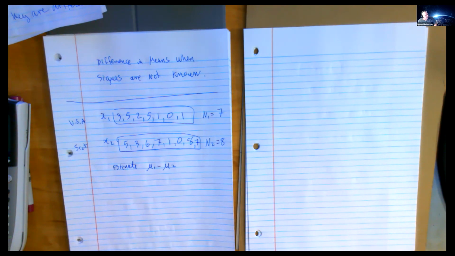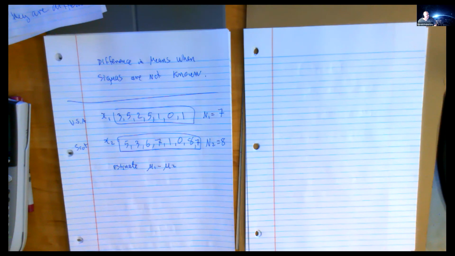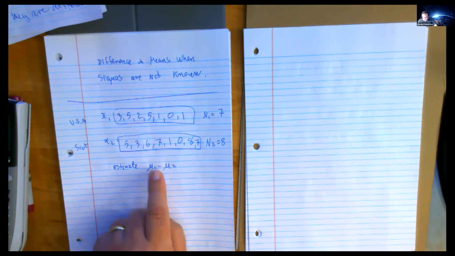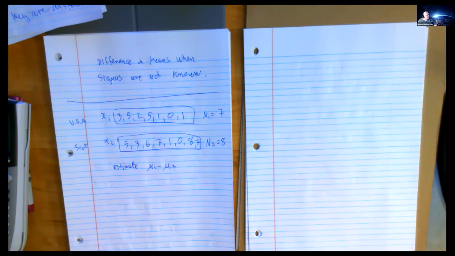But in this case, you're not told sigma, right? Sigma is unknown. You're just told some samples. And from that, we're still going to be able to estimate it. If you remember back when we did this, wasn't this a student t distribution?